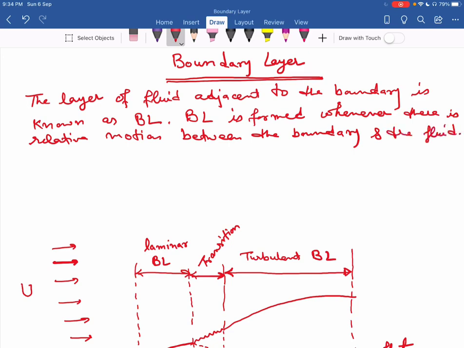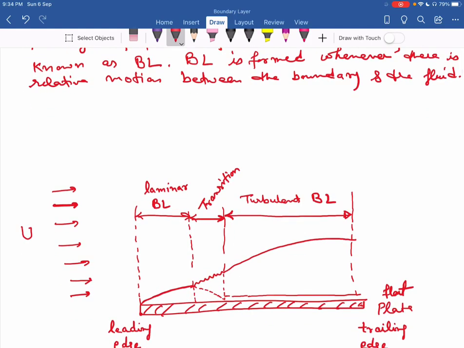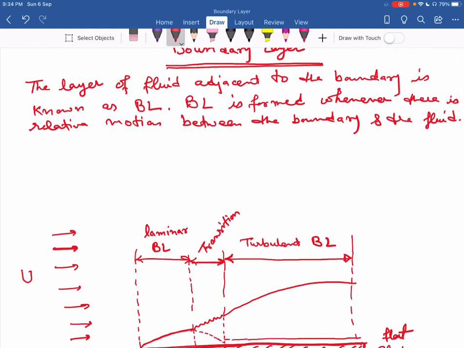So the boundary layer exists only when there is a relative motion between the fluid and the boundary. Now the boundary here is the boundary of the plate, which is stationary, and the fluid is moving above this plate. So there is a formation of boundary layer there.